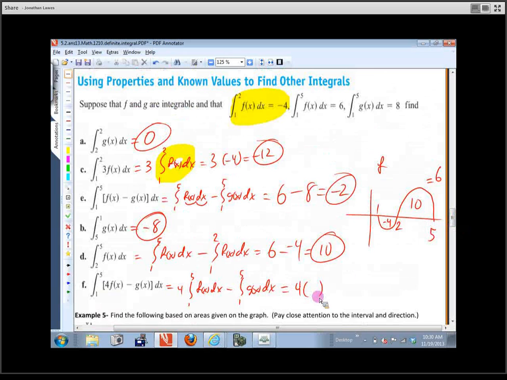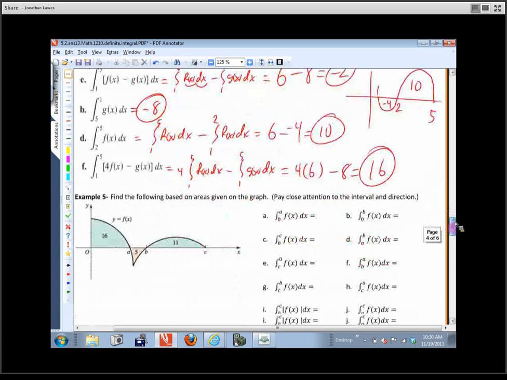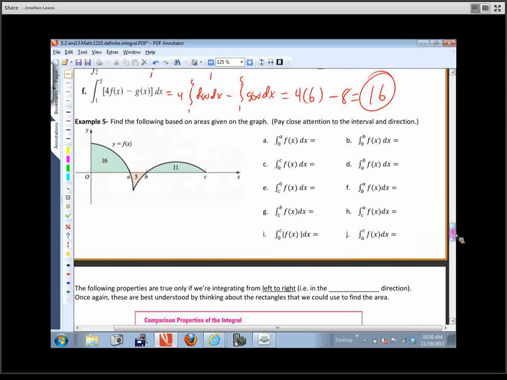Four times 6 minus 8. Answer is 16. Okay, are there any questions? Okay, nice little properties. They're pretty cool to work with.